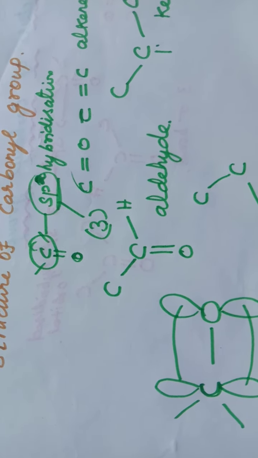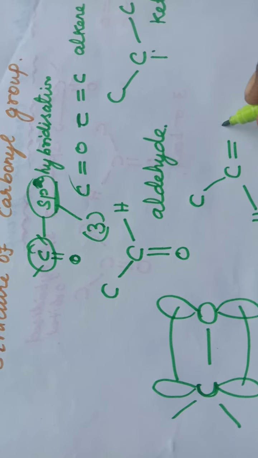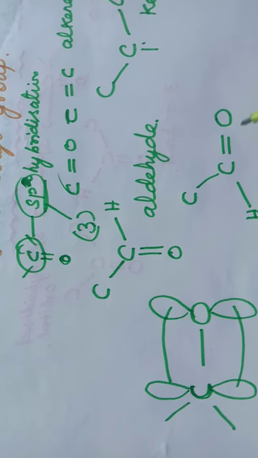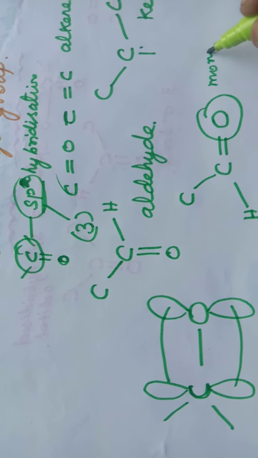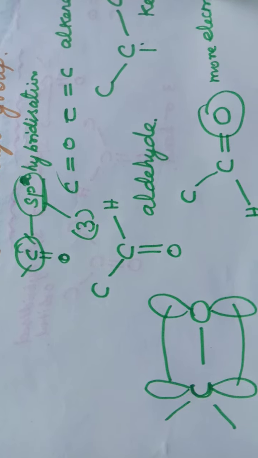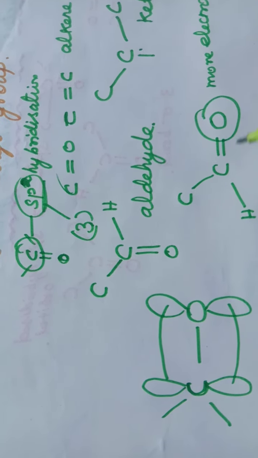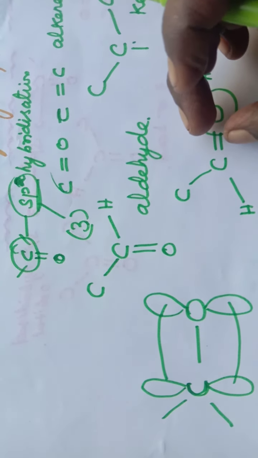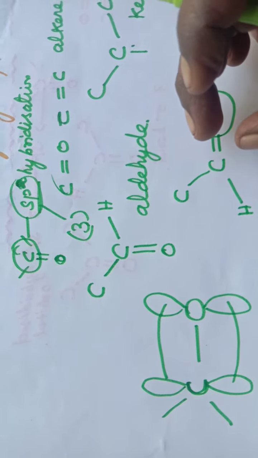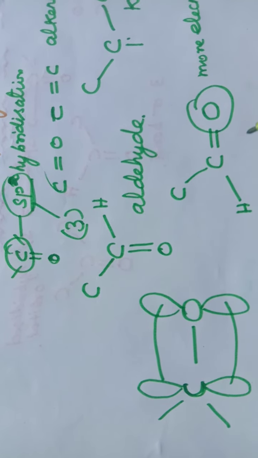If it is aldehyde, it is a hydrogen. Double bond oxygen. Here, the oxygen is more electronegative, so it attracts the shared electrons towards itself, and hence the bond is a polar bond.